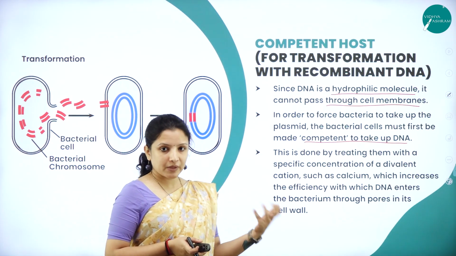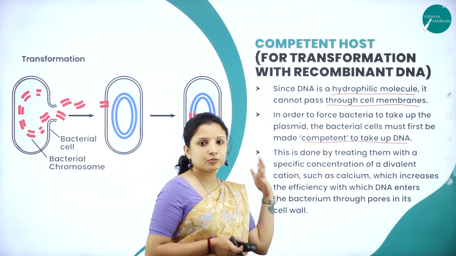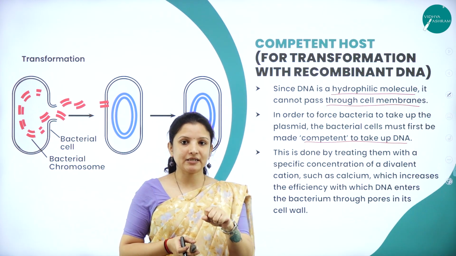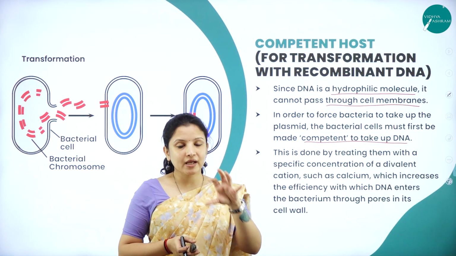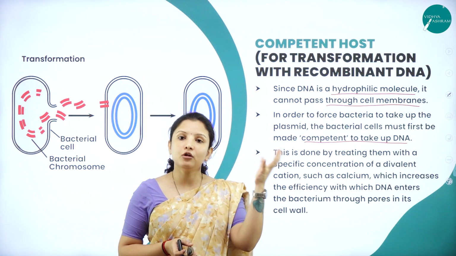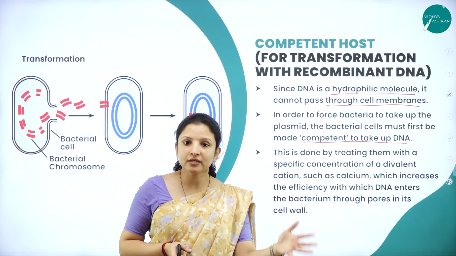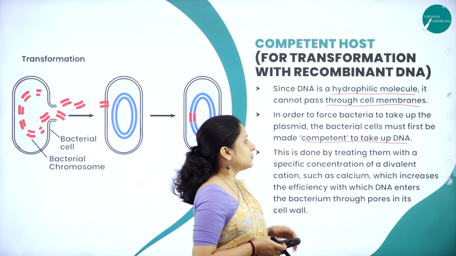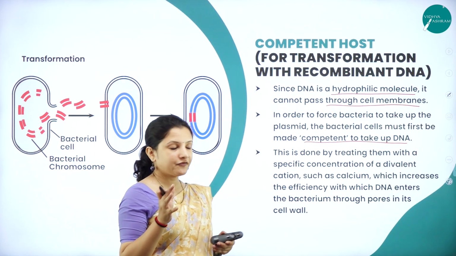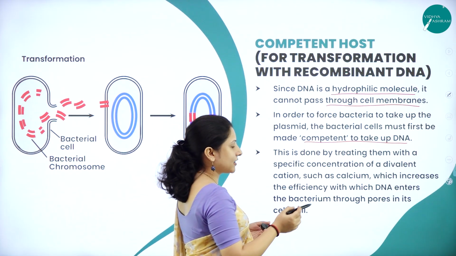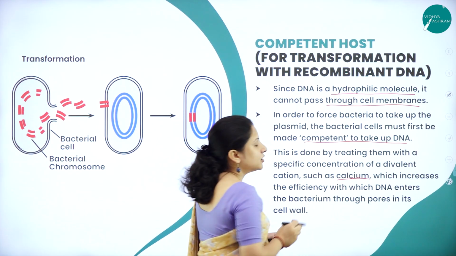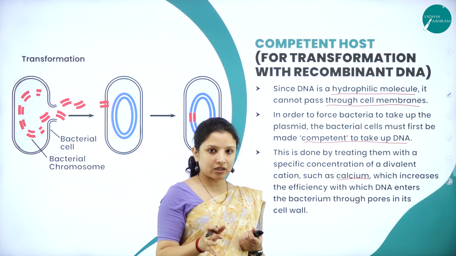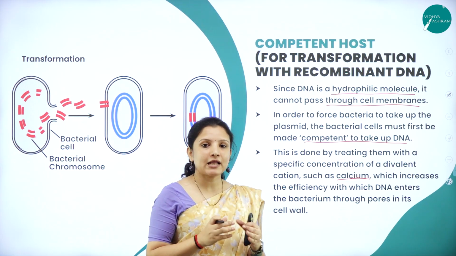So how can it be made to pass? Before incorporating the DNA into the bacterial cell, first we need to make the bacteria capable of accepting or allowing the foreign DNA to enter into its cell. This is done by treating them with a specific concentration of divalent cation such as calcium. So first the bacteria that is selected as a vector will be treated with calcium.